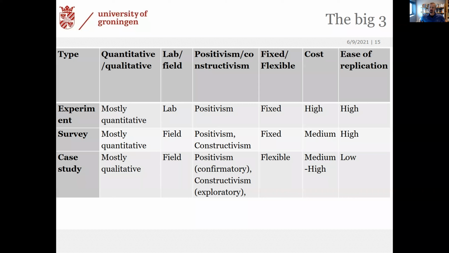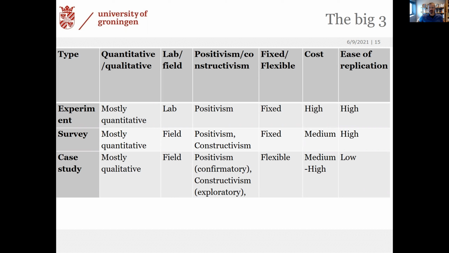Case studies are mostly qualitative. So that's the big difference with the other two. In case studies, we talk to people, we have qualitative rich data, and we try to find out what's usually happening with our object of study.